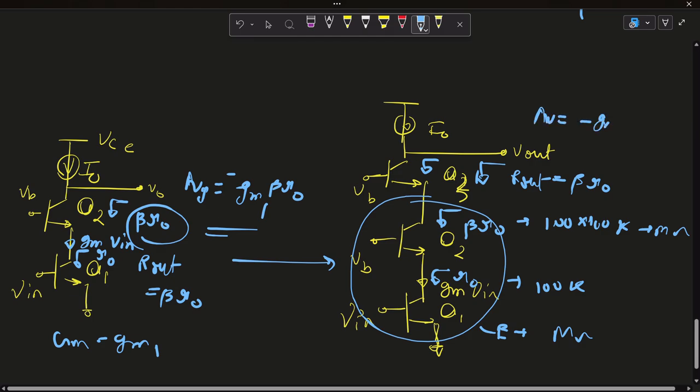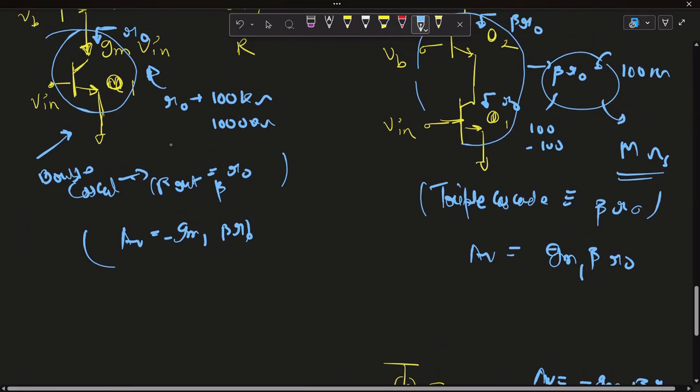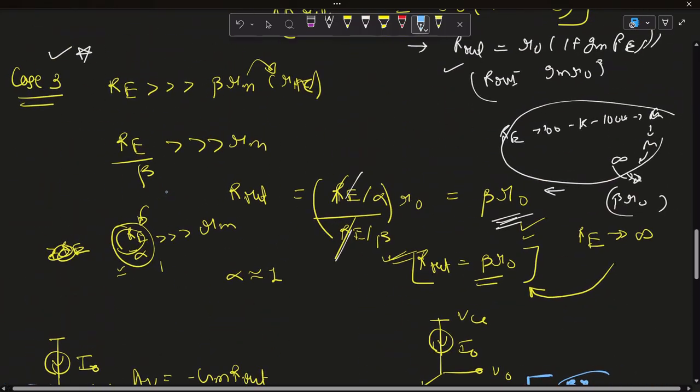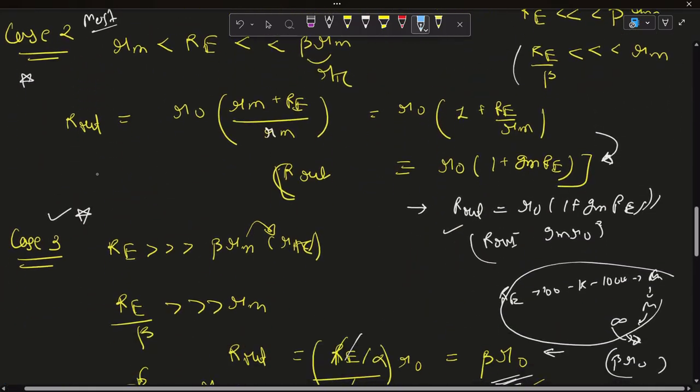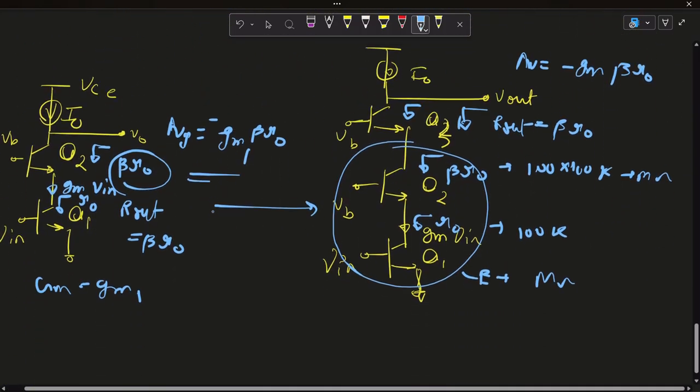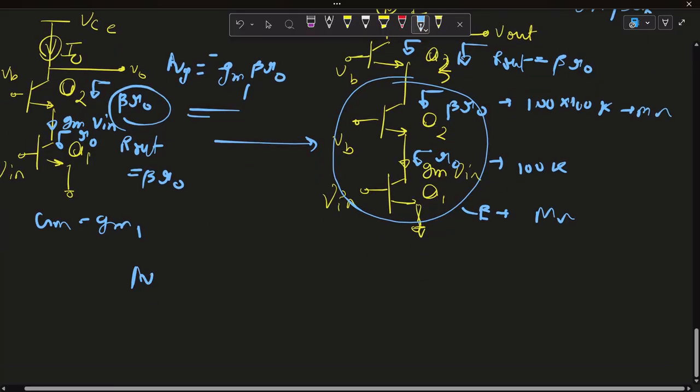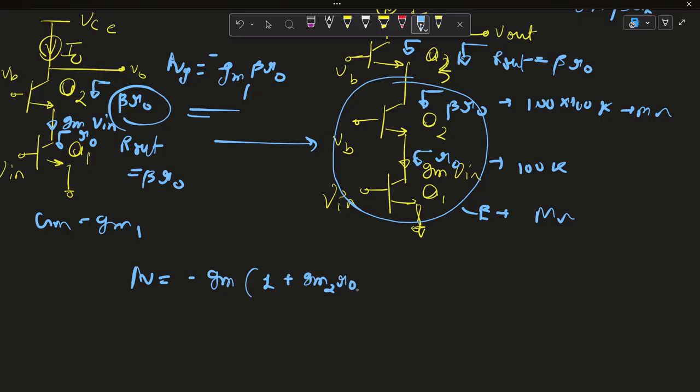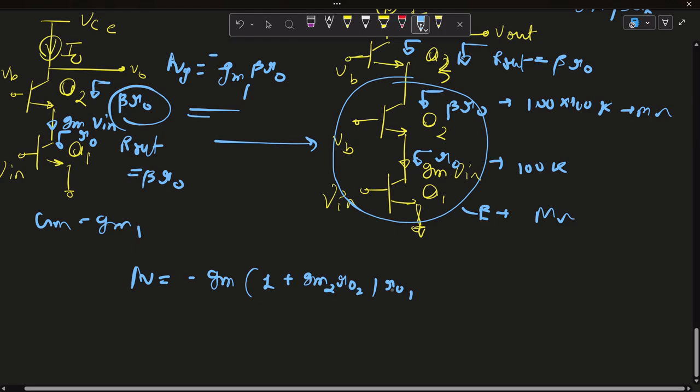The gain for this is minus GM beta R naught. But there is the case of the second case. In the second case, the gain will become minus GM, and the output impedance will become 1 plus GM2 RO2 times RO1.